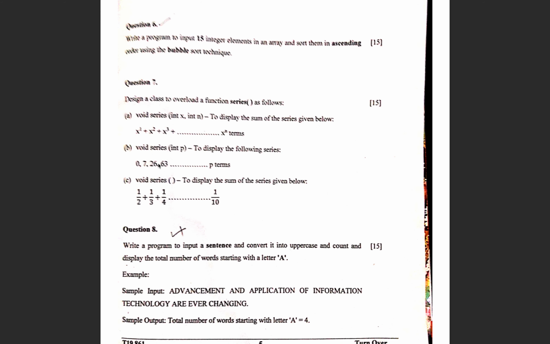So if you observe, 63 plus 1 is 64, 26 plus 1 is 27, 7 plus 1 is 8, and 0 plus 1 is 1. So this is basically i cube minus 1. For the first term you get 1 cube minus 1, for the second term you get 2 cube minus 1, similarly 3 cube minus 1 and 4 cube minus 1.